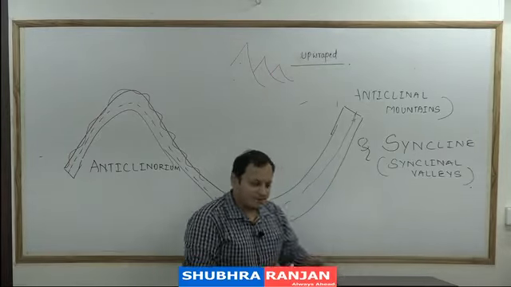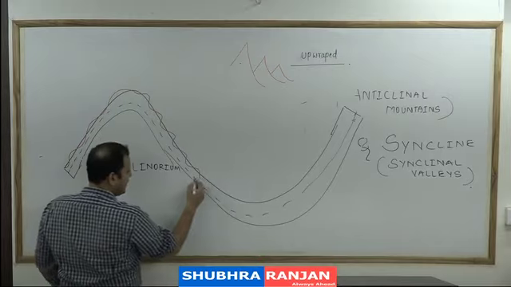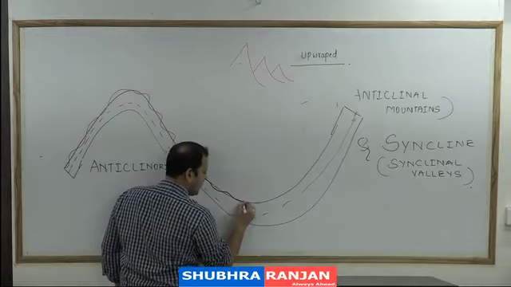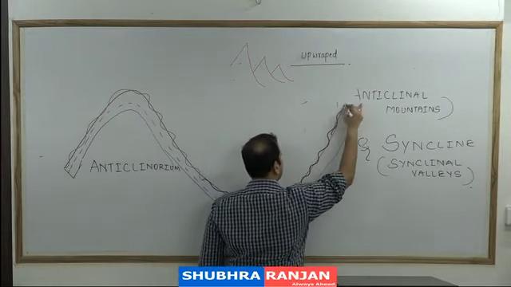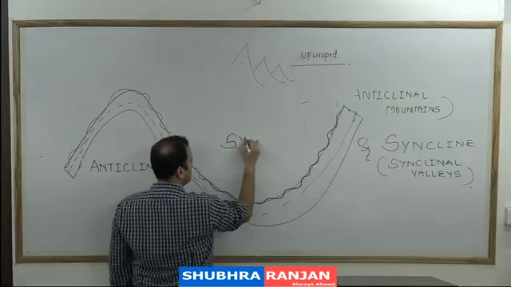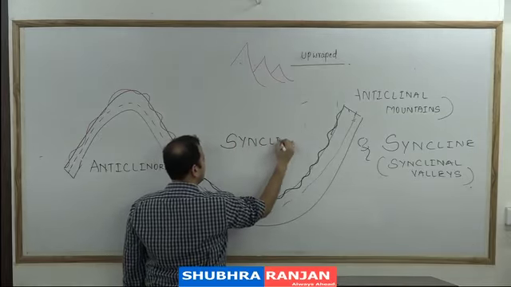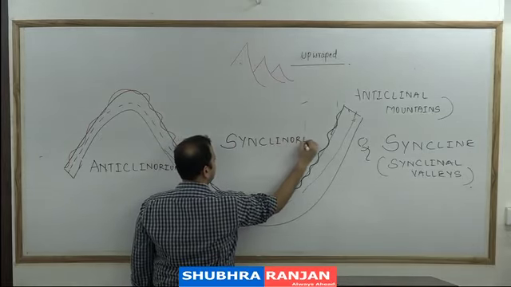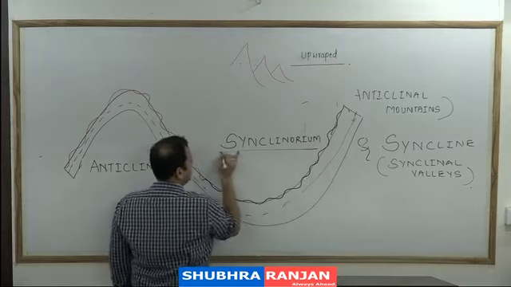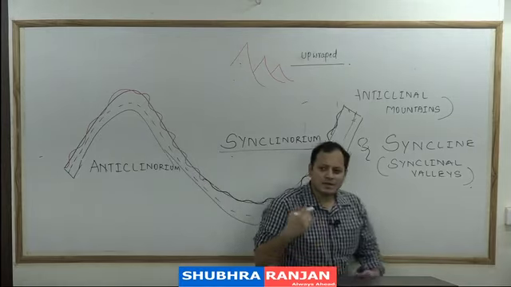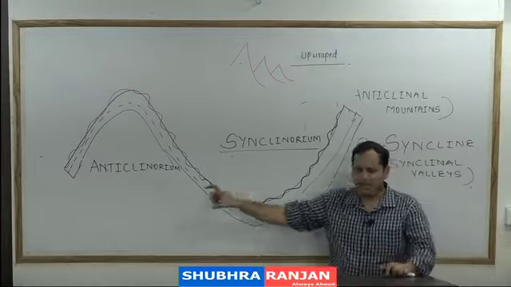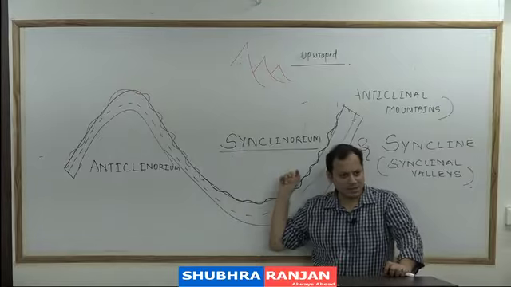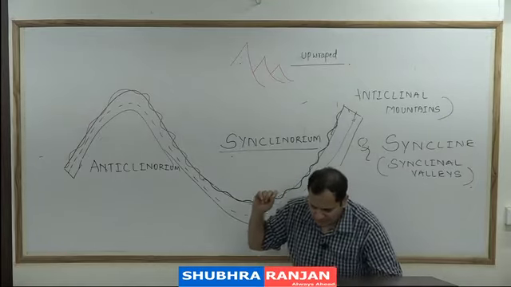तो सिंक्लोनियम क्या होगा? On a single syncline there will be more than one anticline and syncline, and we will call this synclinorium. क्या है ये? सिंगुलर वर्सेस प्लूरल फॉर्म, नथिंग एल्स. Anticline, anticlinorium. Syncline, synclinorium. So you take down.